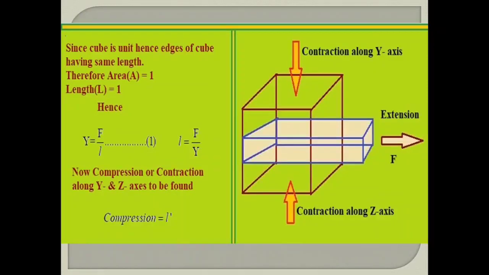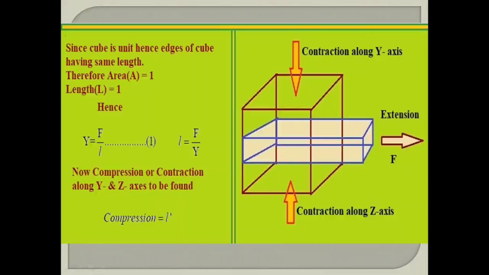Now we will see compression or contraction, or we can say negative elongation, along the y and z axis, which is to be found now. Compression or negative elongation or negative extension is denoted with the letter L dash as shown in the diagram.